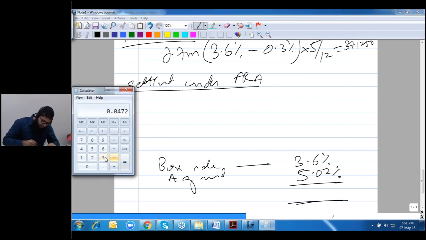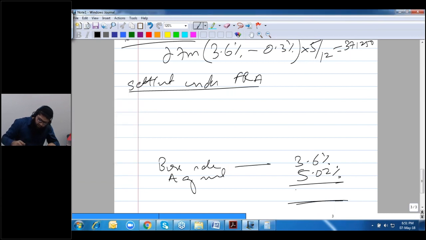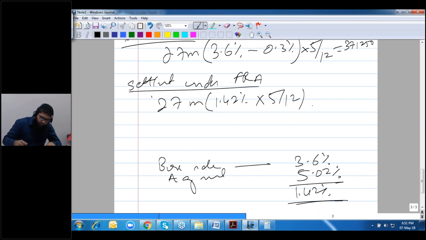So the difference between the base rates, 3.6 minus 5.02, is 1.42%. So the settlement that you would receive under the FRA is going to be 1.42%. Now, how is it going to be? 27 million multiplied by 1.42% multiplied by 5 upon 12.